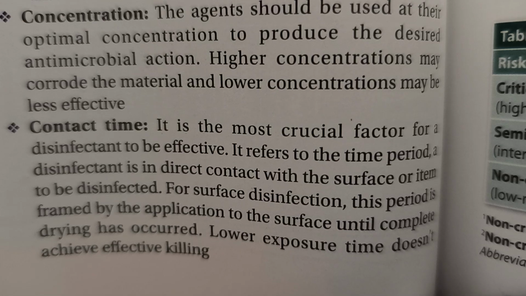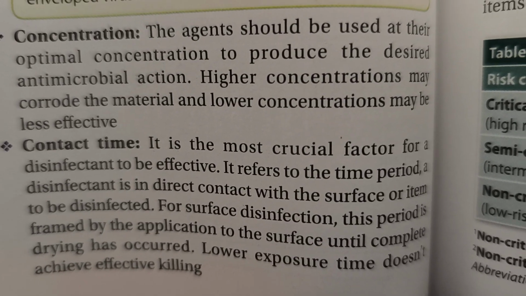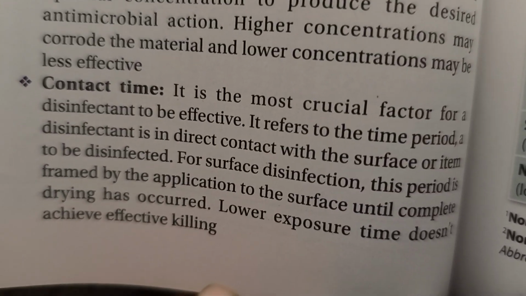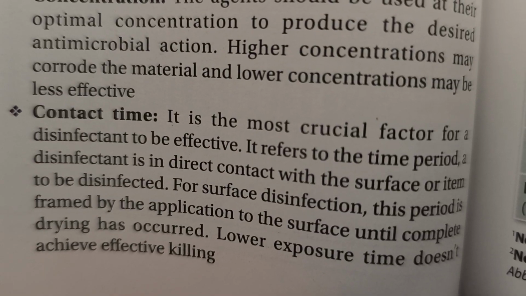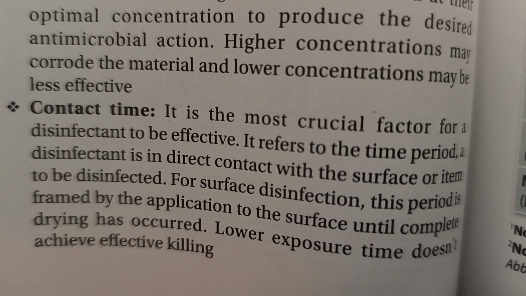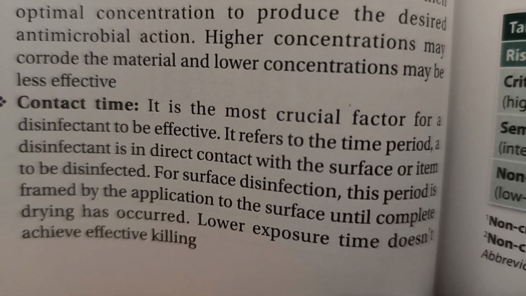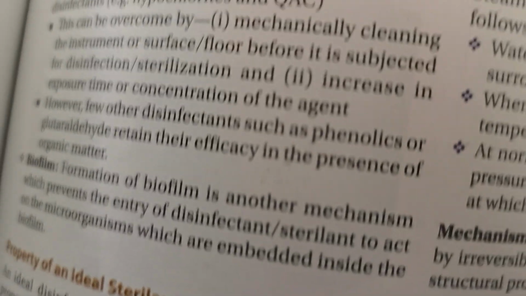It refers to the time period a disinfectant is in direct contact with the surface or the item to be disinfected. For surface disinfection, this period is framed by application on the surface until complete drying has occurred. Lower exposure time doesn't achieve effective killing.